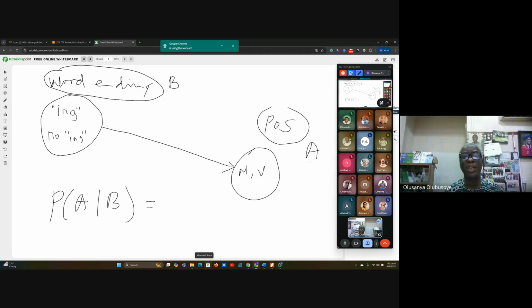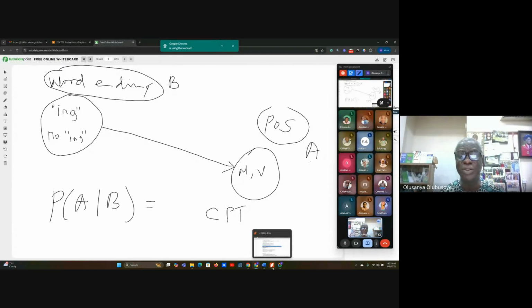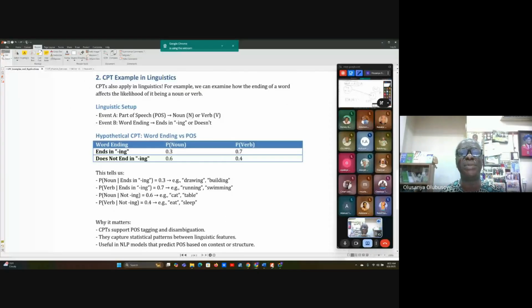So that also leads us to the CPT that we are talking about, that is, the conditional probability table. And this is the conditional probability table for this.